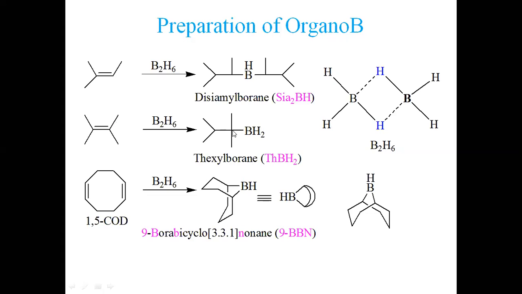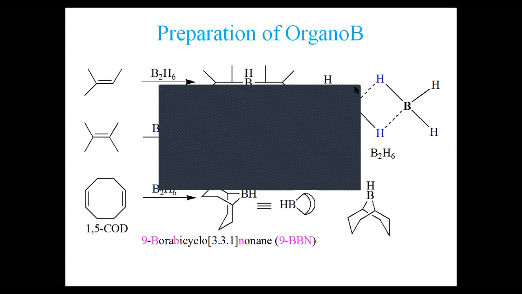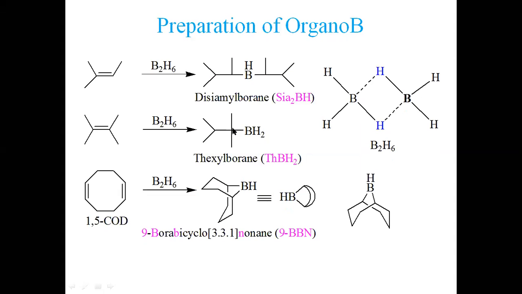This carbon is a tertiary carbon, if you remember. Carbon 1, 2, 3 carbons it is attached with. This carbon was a secondary carbon, 1 carbon, 2 carbons. It is not sterically much crowded, but this is sterically too much crowded. So that's why it shall not add to another olefin. Very similar to disiamylborane, it exists in this form.